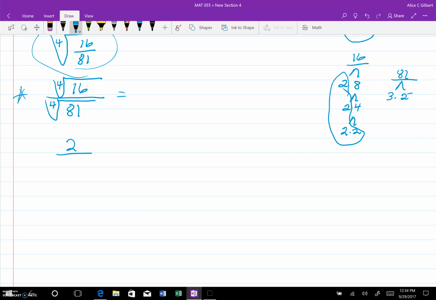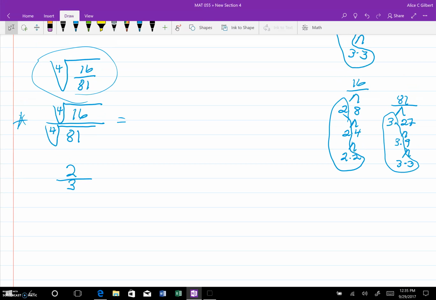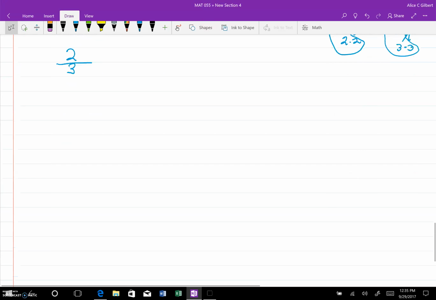Now 81: 3 times 27. We just did this one a second ago, so, 3 times 9. I'm going to let you look above if you want to refresh your memory on that, or go back. 4, the Big Boss says, and so 3. So the fourth root of 16 over 81 is 2 over 3.